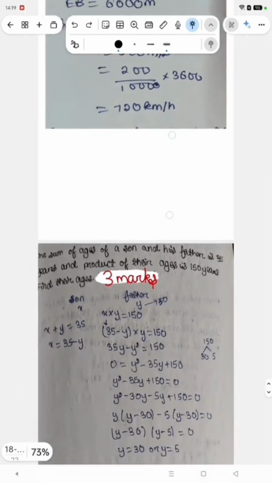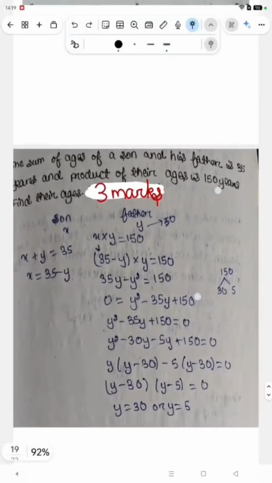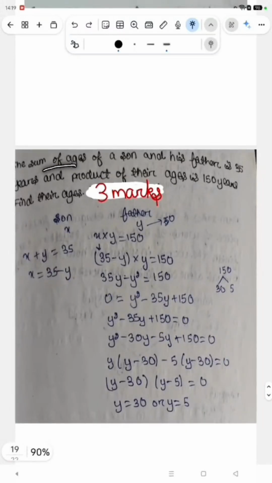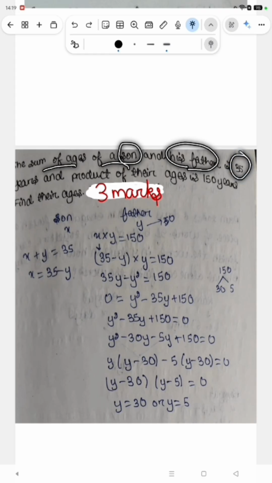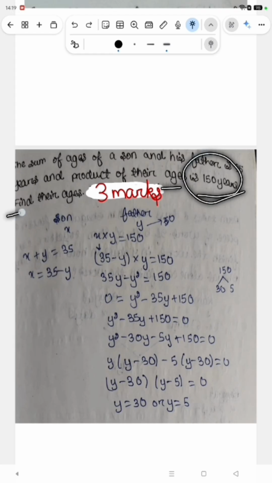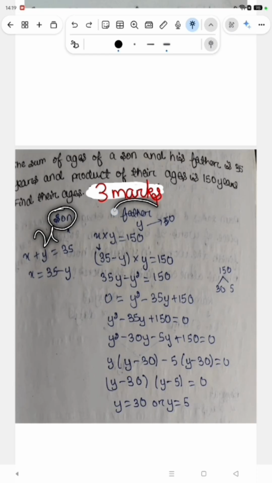Another question. If the sum of ages of a son and his father is 35 years and the product of their ages is 150 years, find their ages. We have to take two variables: for the son's age we assume x, and for his father's age we assume y.